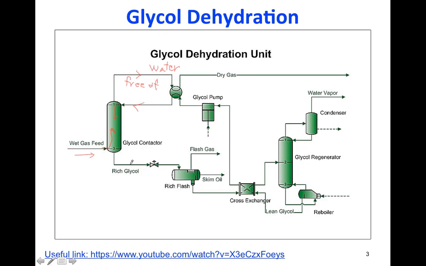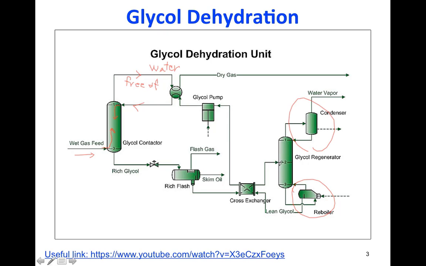And at the bottom, you will have rich glycol that goes through several steps, and it will be regenerated in another column that we call a still column. It's like a distillation column. So what will happen? We have a reboiler and a condenser at this column.